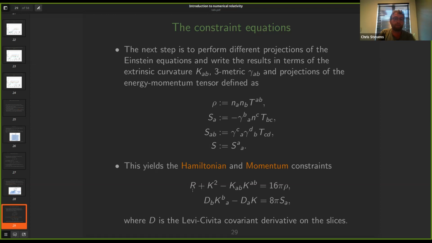R is the 3-dimensional Ricci scalar, and K is the trace of the extrinsic curvature. So those are the constraint equations for the ADM system, which must hold on each slice for the data on that slice to represent a solution of the Einstein equations.